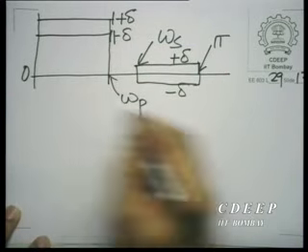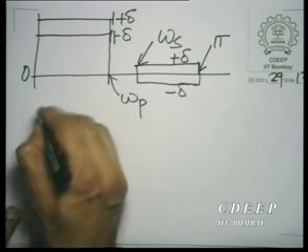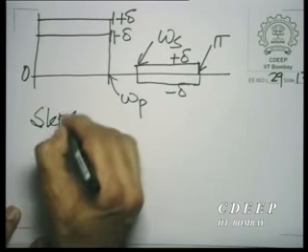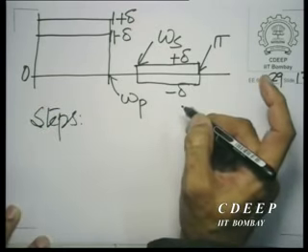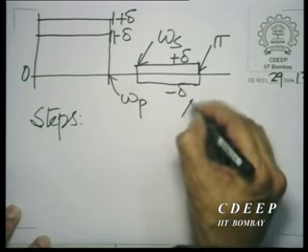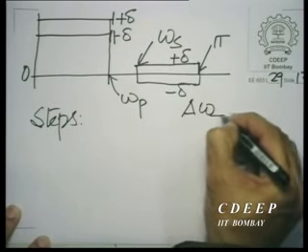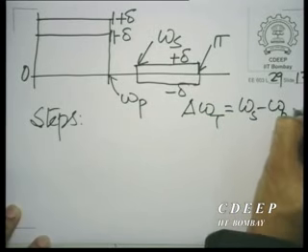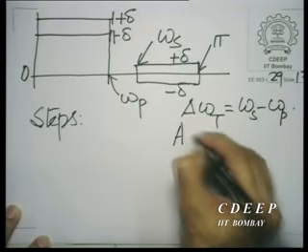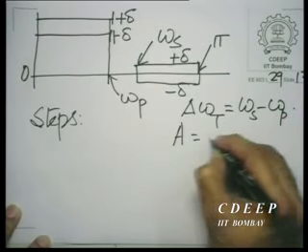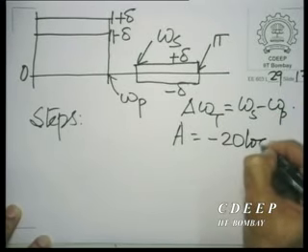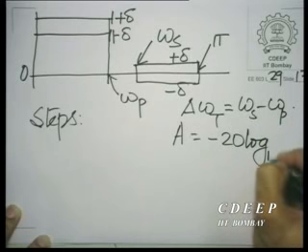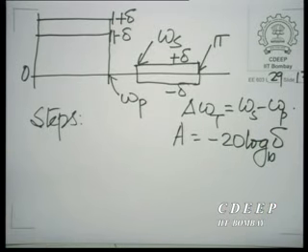So the empirical design equations are as follows. The steps are: define delta omega t, or the transition bandwidth, to be omega s minus omega p. Define A to be essentially the logarithmic value of the tolerance, or the dB, decibel value of the tolerance.